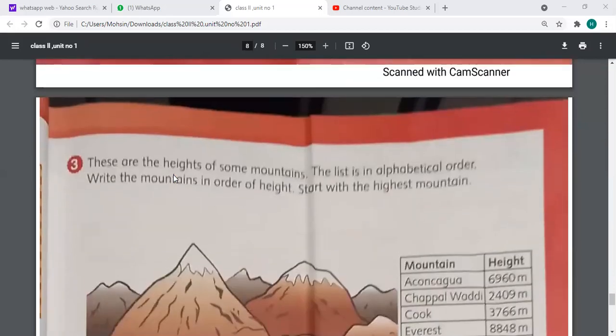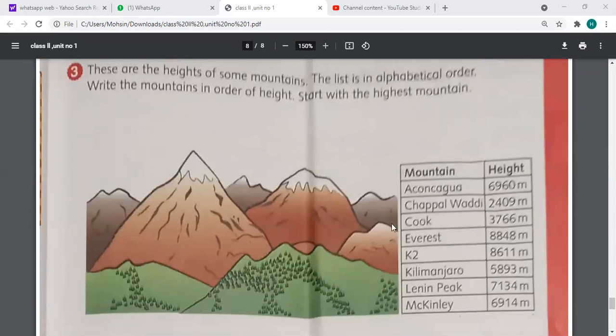On page number 11, you can see these are the highest heights of some mountains. The list is in alphabetical order. Write the mountains in order of height. Start with the highest mountain. You can see they write the names of mountains in this line and their heights in this line. So now we have to arrange them, starting with the highest mountain.